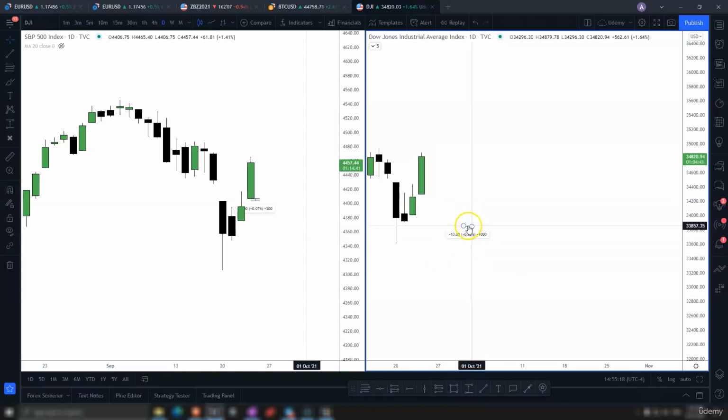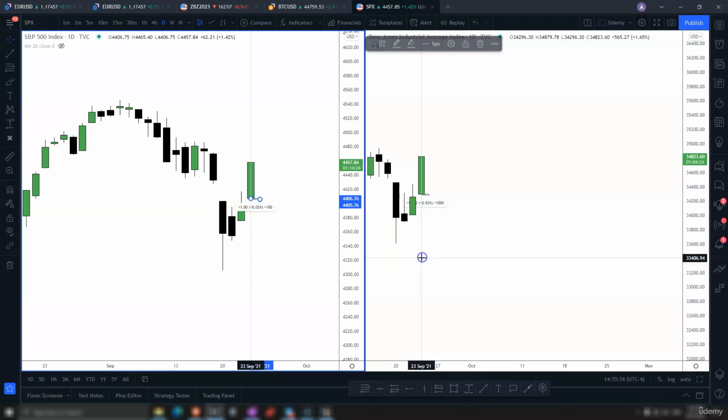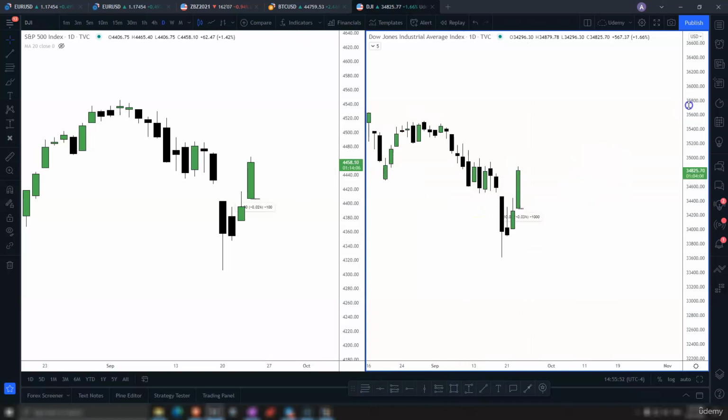But -10 on Dow Jones should be okay if you use -10 points. That's fine. It's like 1 point on the S&P. 5. You see? This is the same difference. So the value of 1 point on S&P is the value of 10 points on the Dow Jones.